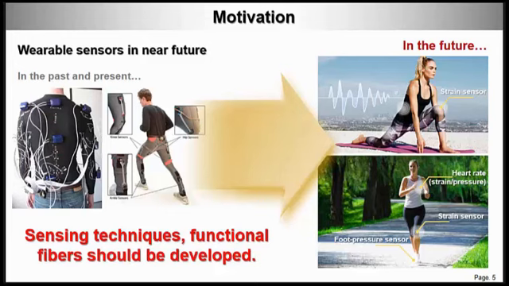To realize these, various sensing techniques and functional fibers that have sensing capabilities should be investigated. Among them, the strain sensor and touch pressure sensor are the most basic sensors and need to be developed first.